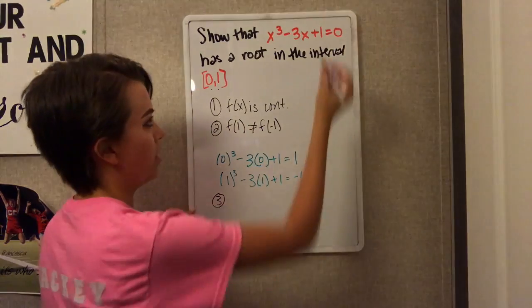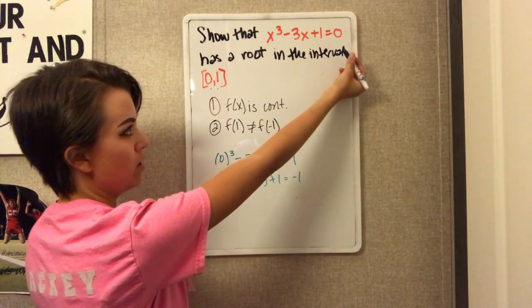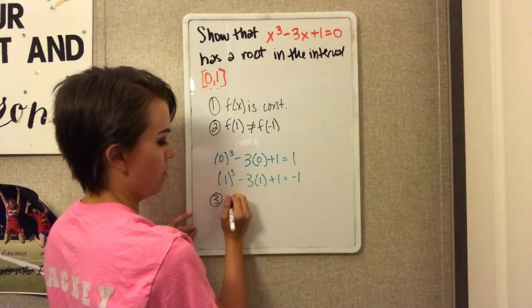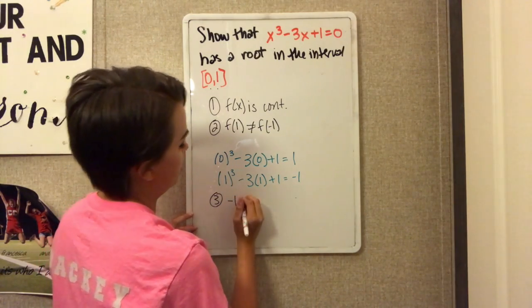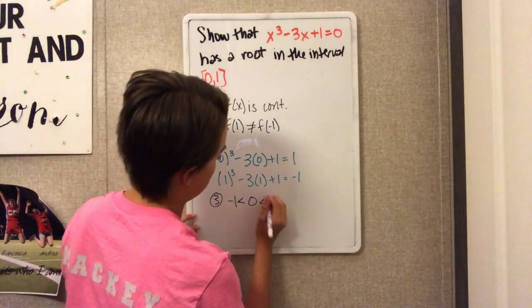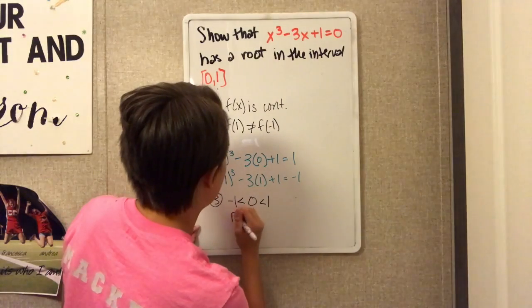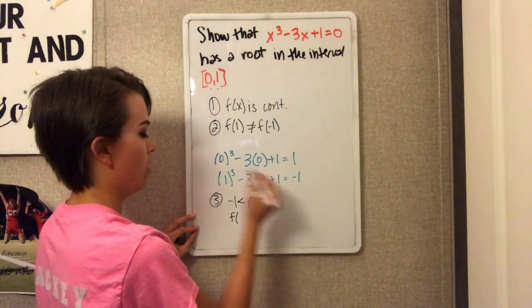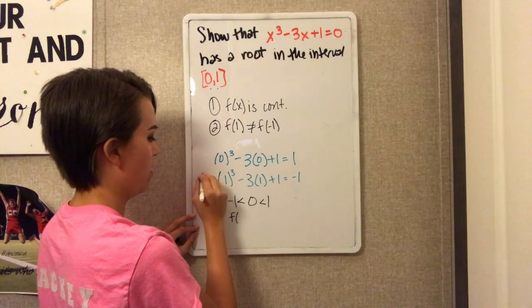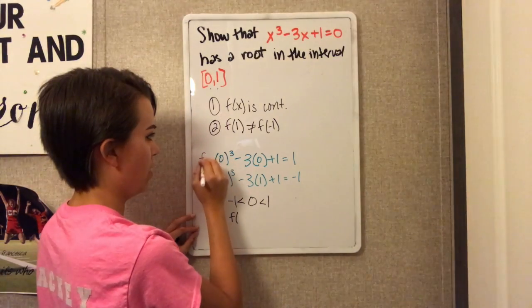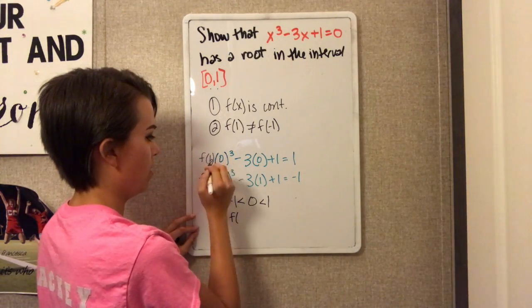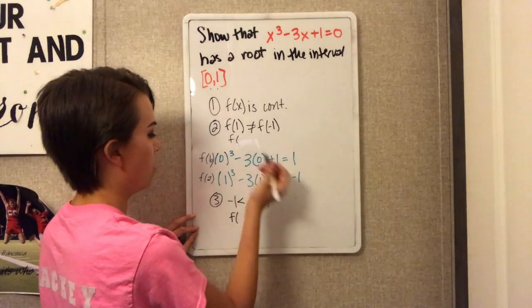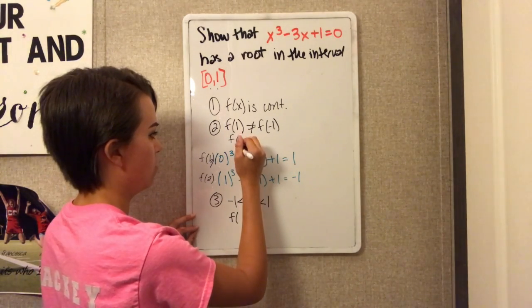So we're trying to find where it equals 0. Negative 1 is less than 0, is less than 1. So let's say that negative 1 is f of a, and 1 is f of b.